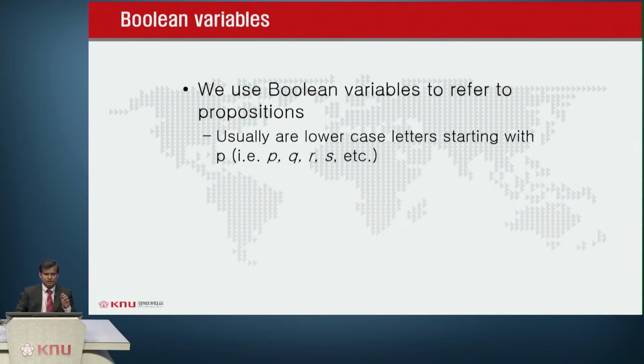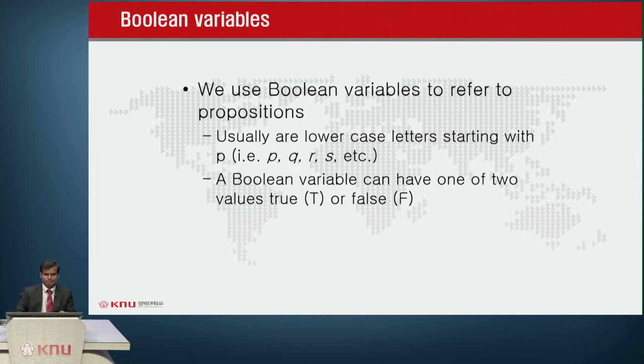Say for example, usually lowercase letters starting with P, Q, or R, etc. are used to represent the Boolean proposition. The Boolean variable can have one of two values, true or false.